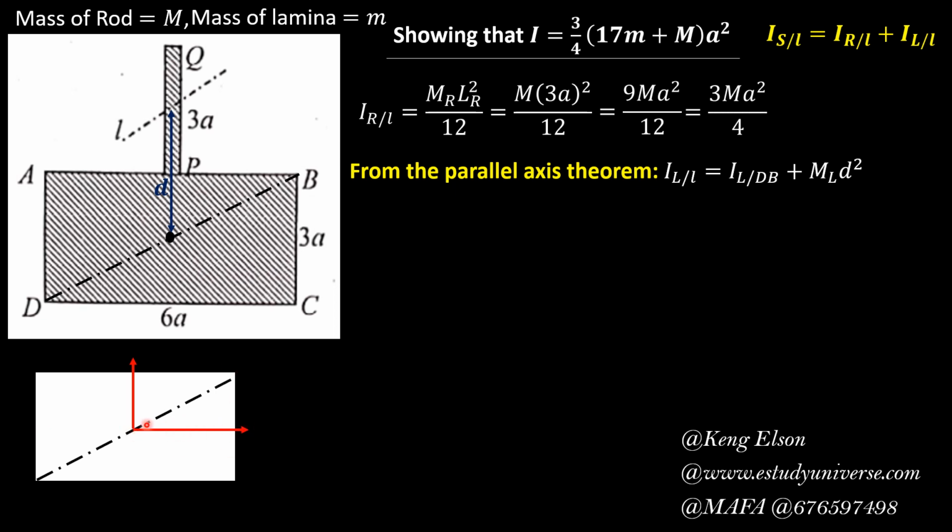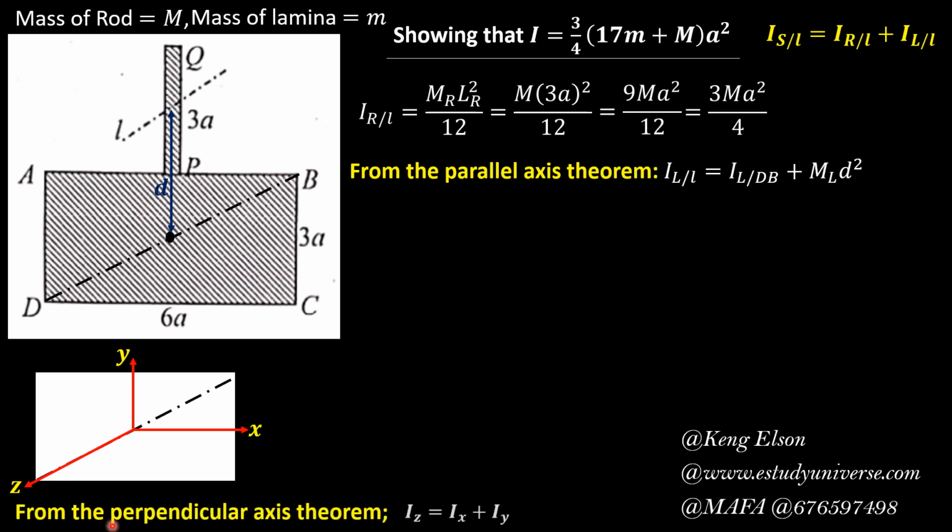If we are able to get the moment of inertia about the vertical and horizontal, and you realize that all three axes are perpendicular, we can now use the perpendicular axis theorem. If I label those axes x, y, and z, then from the perpendicular axis theorem, the moment of inertia about z, which is actually what we need here, is equal to the sum of the moments of inertia about x and about y, since the three axes are perpendicular to each other.